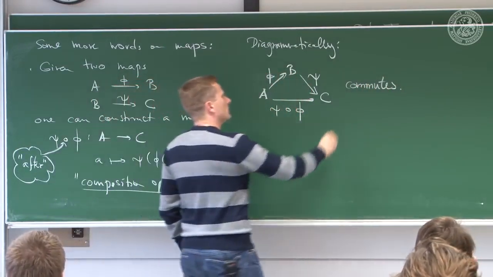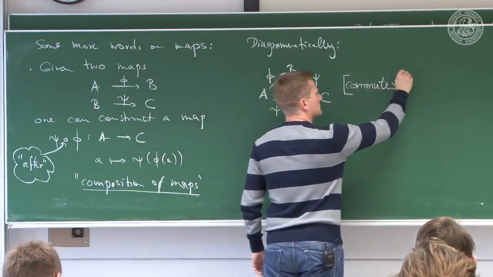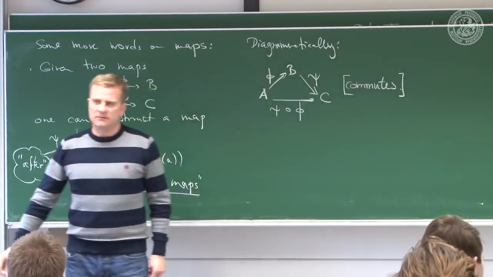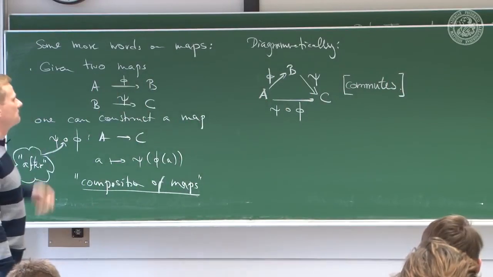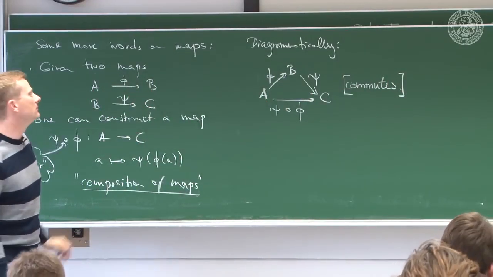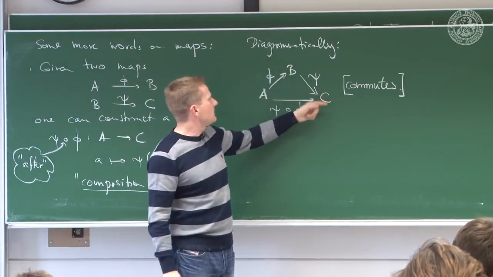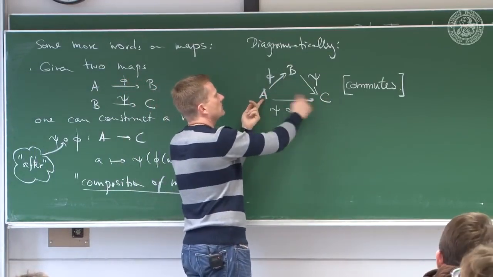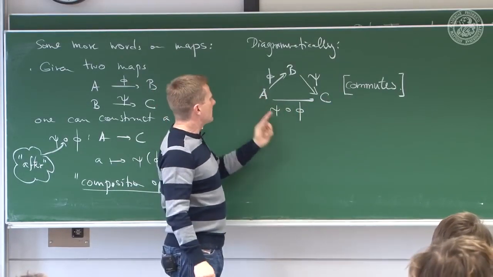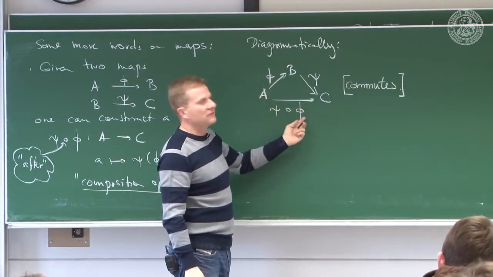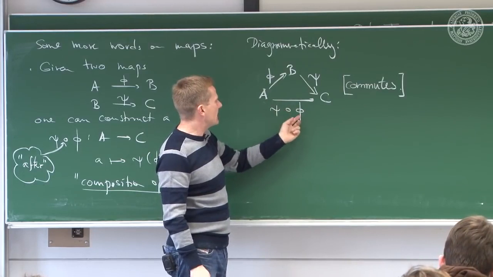But very often, people don't write this explicitly, but by writing down this diagram, they say, there it is, it commutes, which means you can go this way or you can go that way, and if you start from here, you arrive at the same result. And if then this arrow is called psi after phi, that obviously defines psi after phi.